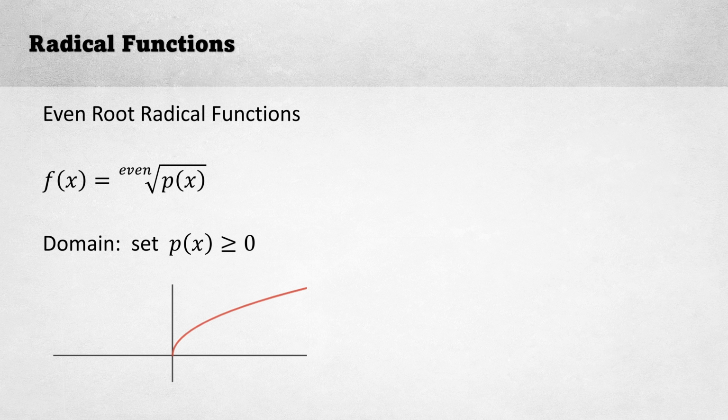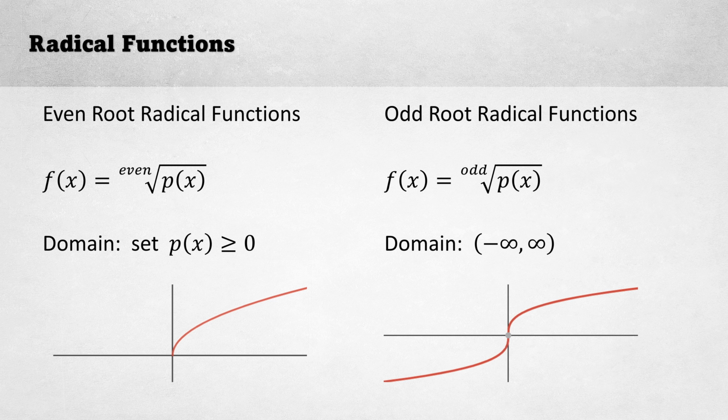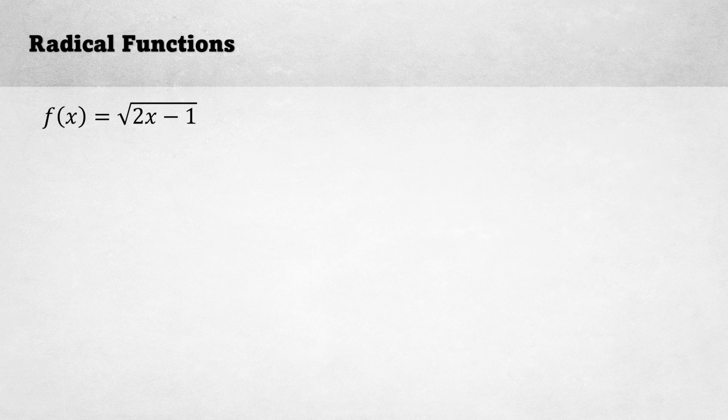And their graph behaves this way. On the other hand, odd root radical functions have an odd number greater than or equal to 3 in their index. Odd root radical functions don't have domain restrictions, so their domain is all real numbers, and their graph behaves this way.